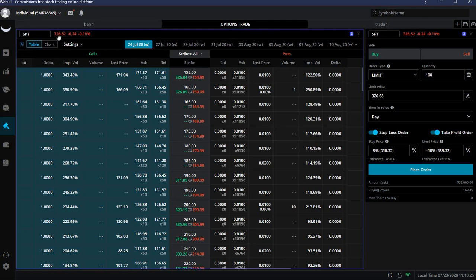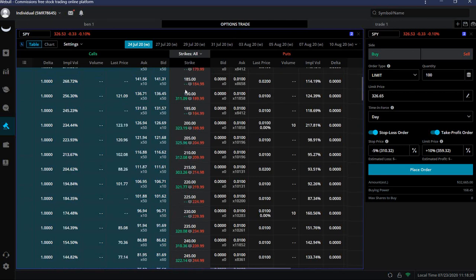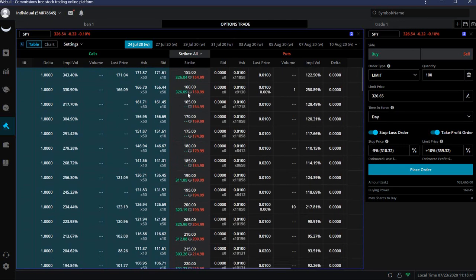So the current price is $326.52. Let's just say $326.50. Everything to the left are calls, everything to the right are puts. So if you were to buy a call with a strike price of $155, then you are saying by July 24th the price has to stay above $155 a share.